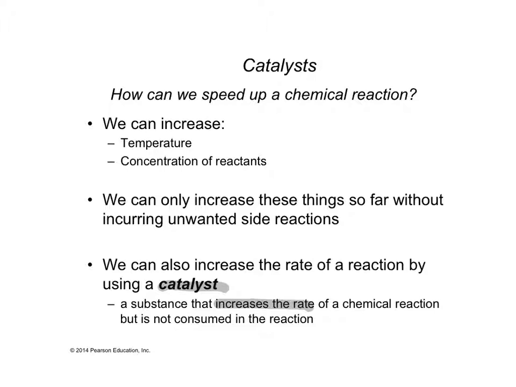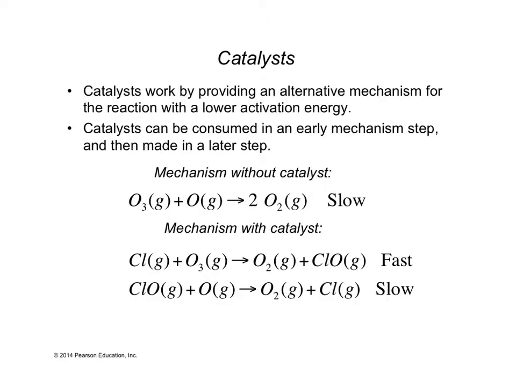How do catalysts actually go about doing this? What catalysts do, comparatively to just normal kinetics, is offer an alternative pathway, an alternative mechanism whereby they decrease the activation energy of the various steps.